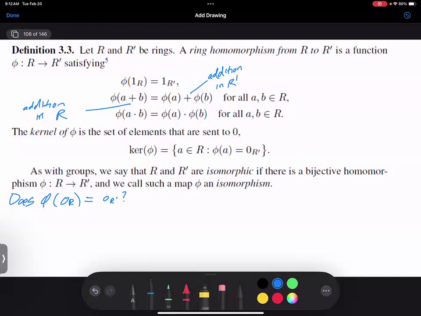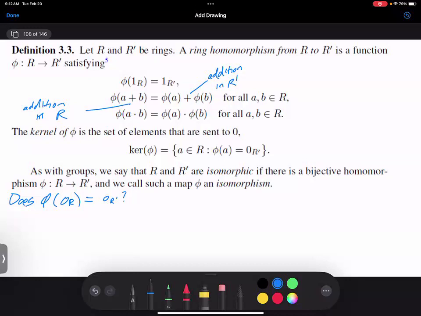Well, we know phi of a sum is the sum of the phis. Can you give me a good choice of A and B to use? So we could do A and negative A. Or A and the identity. Which identity?